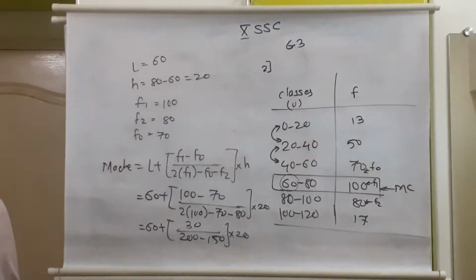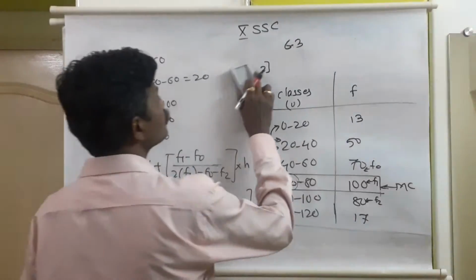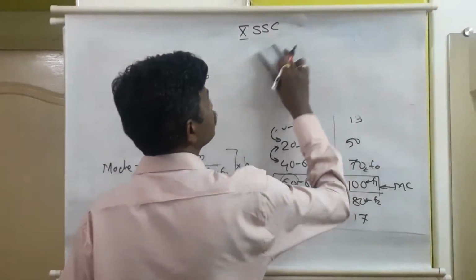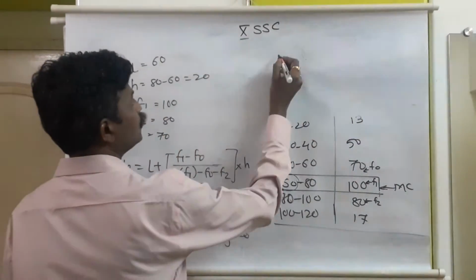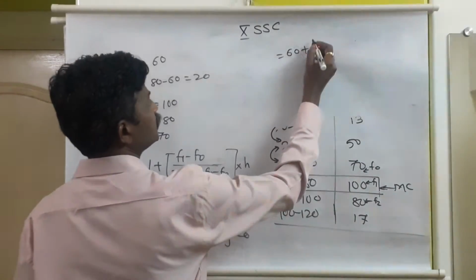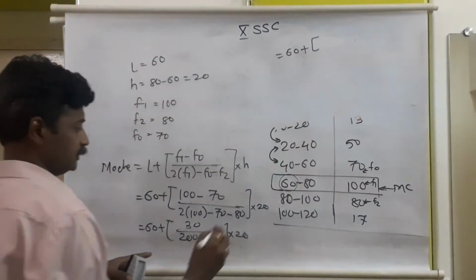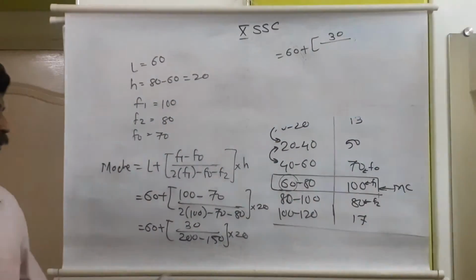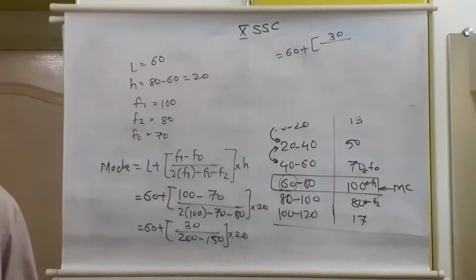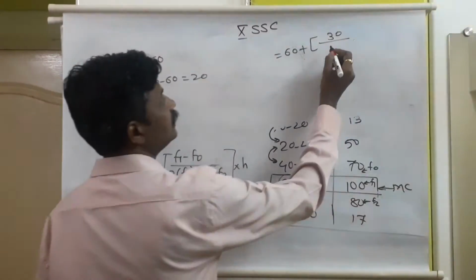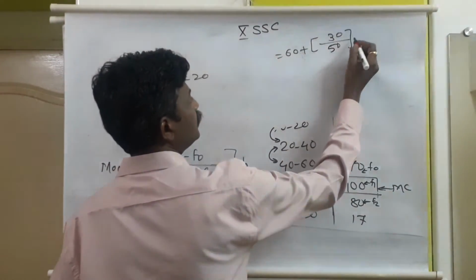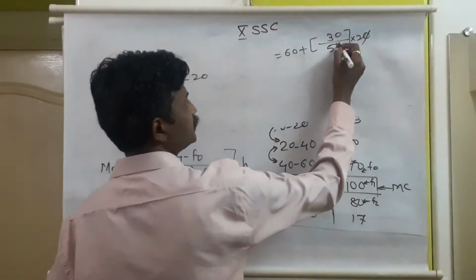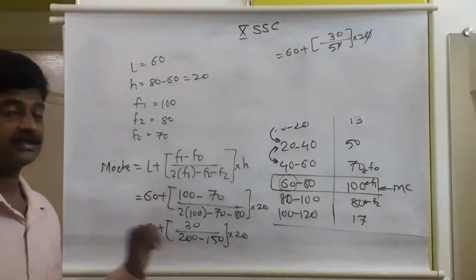I will solve it on the upper side, so we can get the solution for sum number 2. So mode is equal to 60 as it is, plus, in brackets, at the numerator we have 30, at the denominator 200 minus 150, remaining is 50, bracket complete, into 20. The 10 gets cancelled.